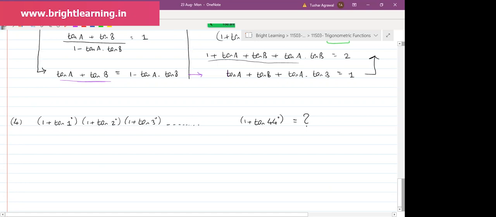Tan 1, tan 2, tan 3, tan 4, tan 5, all those brackets. 44 brackets are there, from 1 degree to 44 degrees.